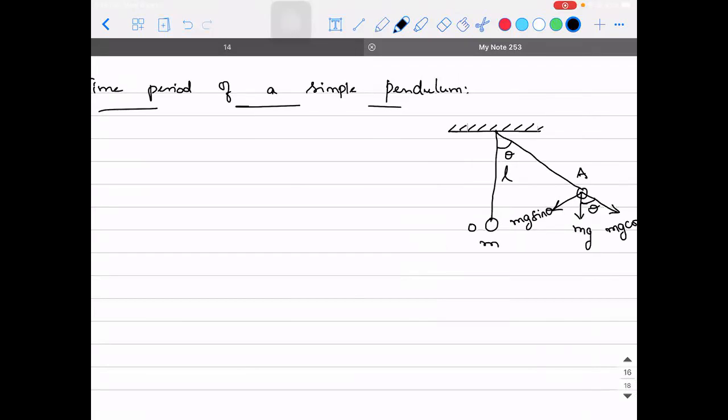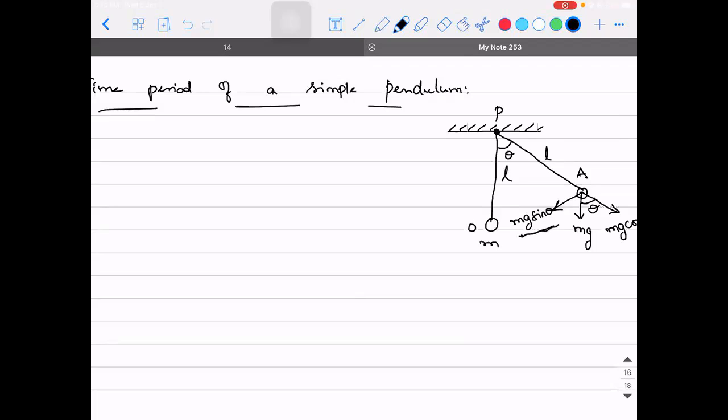When I say translatory, it should be in a straight line path. Rotational, sir. It is rotational motion, right? And remember this point, let me call it P. Now observe, guys. It is due to the mg sin theta that the bob is actually coming back to its original position.